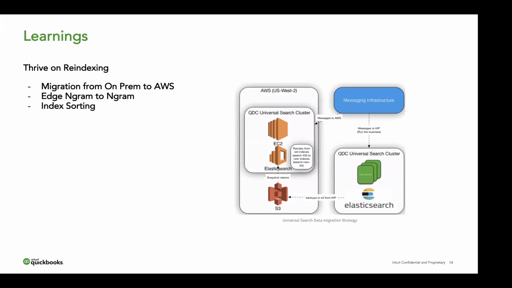The other was thriving on reindexing. This basically means that in Elasticsearch, if you want to change a mapping or you want to change analyzers, you can't do that once the data is saved. So when we had to migrate from on-prem to AWS, when we had to change analyzers for a certain field, or we had to introduce index sorting, we heavily relied on reindexing.